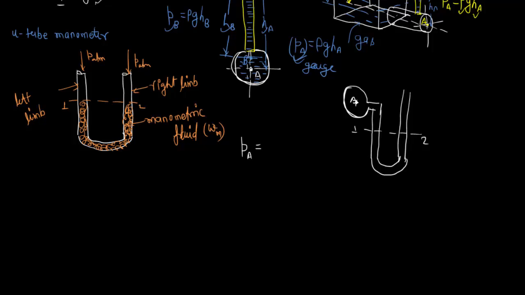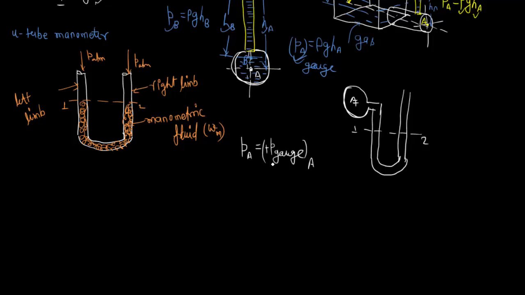So this is the pressure at the point A. Okay, this is PA, and this PA is actually P gauge, as we discussed. This is the first case, when the manometer is connected to a pipe where at the center of the pipe the pressure is greater than the atmospheric pressure. So we are saying this is plus P gauge at the point A.